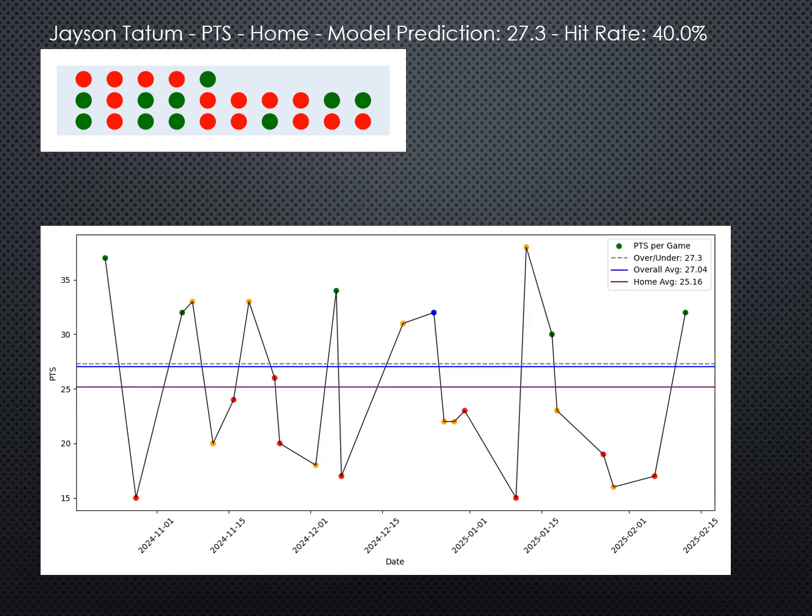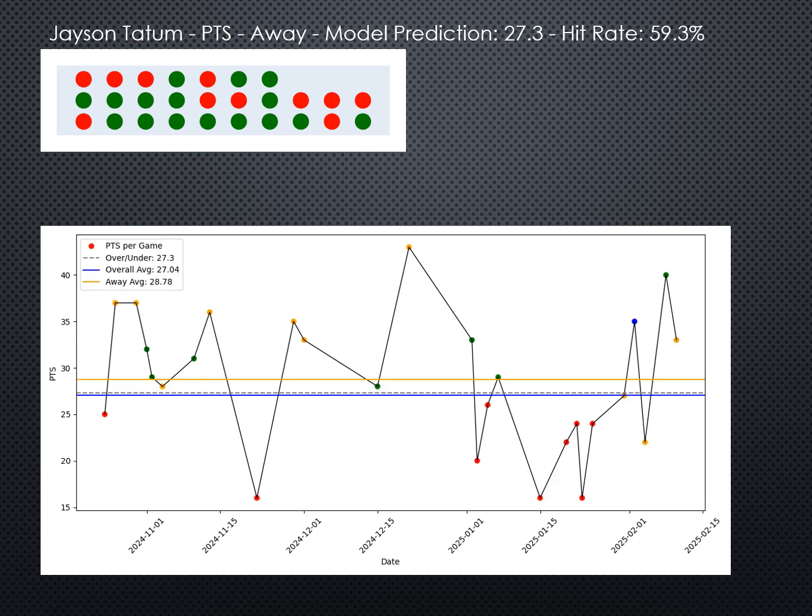At home, he averages almost 2 points less. So, this being a road game, without going to the away chart yet, I think they're looking a little bit better. He's hit it 40% of the time at home. Not very much recently. So let's see if that away graph looks a little bit better for us.